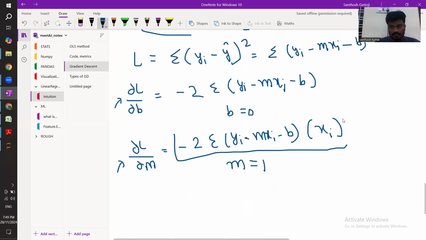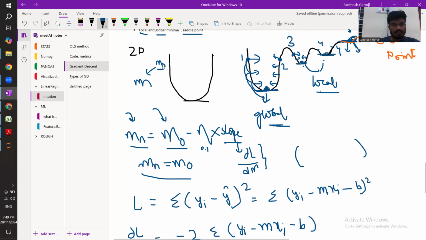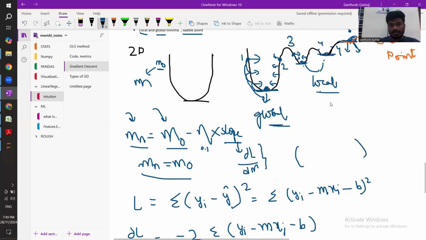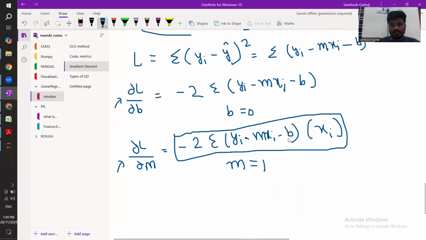You already know the yi actual values, the xi actual values, but m is what? M is my m old. Whatever value you are having for m old, put that m old here. B you will get from, similarly, b new equal to whatever values you are having. From there you will pick it up, and xi are the actual values.